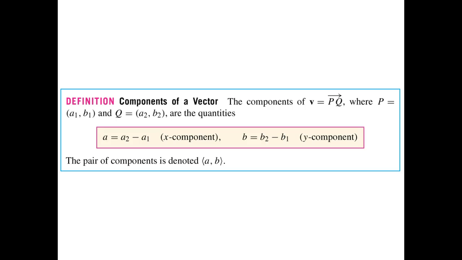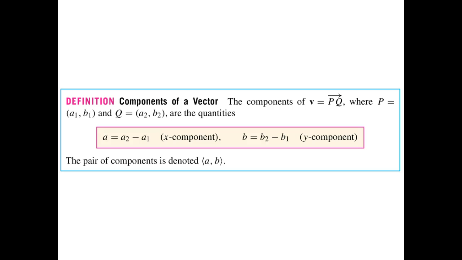So the components of that vector PQ, where P is this and Q is that: the A component is A2 minus A1, final minus initial always. That's the X component, and the Y component, or the second component, the B component, is B2 minus B1. That gives you the component notation.